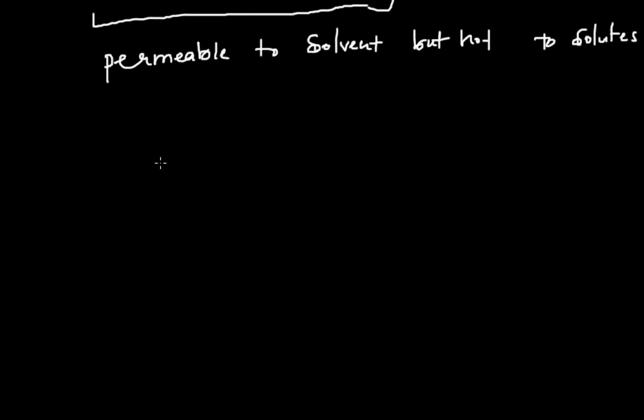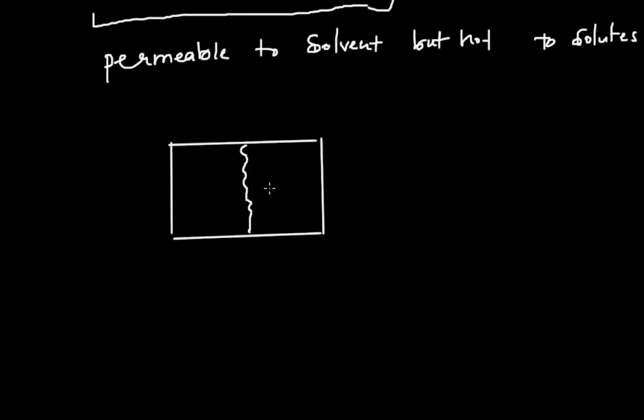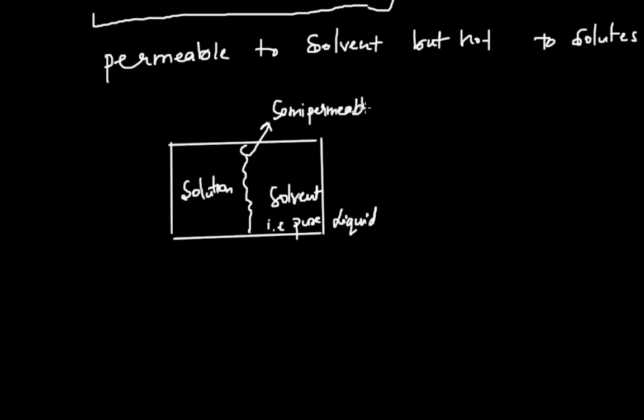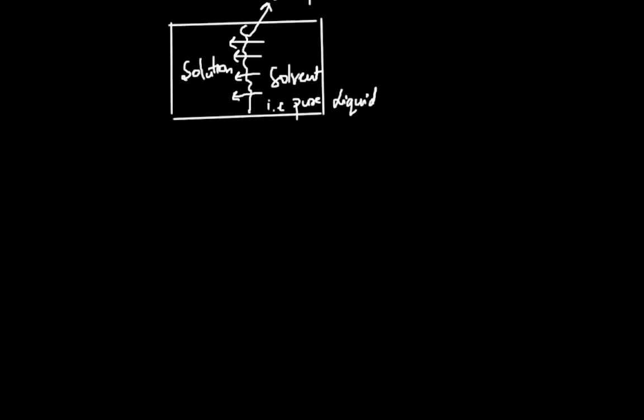Okay. So if this is your solvent, pure liquid, and then you have a solution, and this is your semi-permeable membrane, what will happen is the flow will be from solvent to solution. Now let us see.